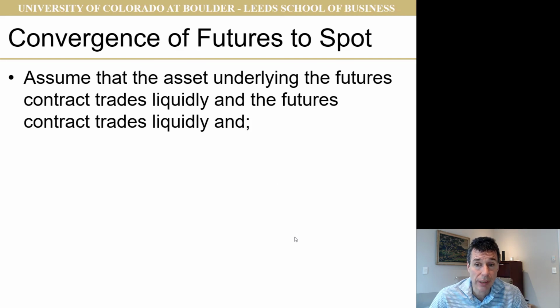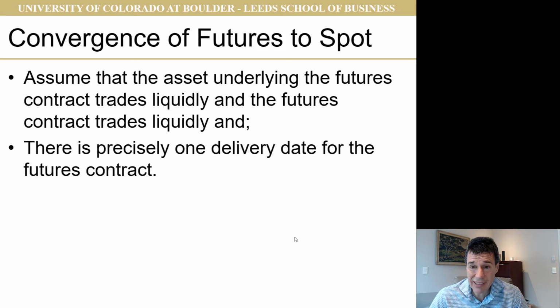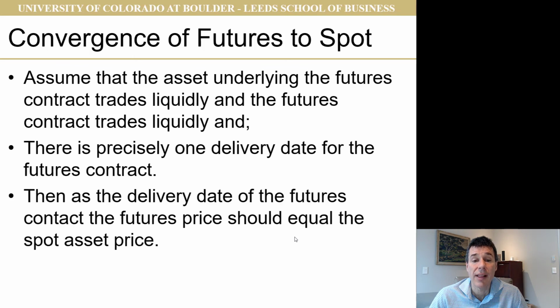The last point is that if we assume the asset underlying the futures trades liquidly, the futures contract trades liquidly, and there's precisely one delivery date for the futures contract, and some are like this and some are not, then the futures price should end up being the same as the asset price on the delivery date of the futures contract.